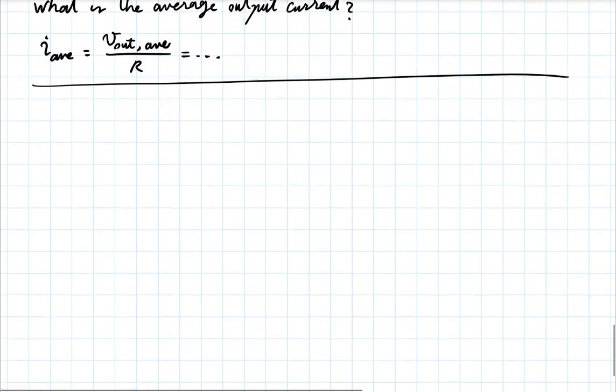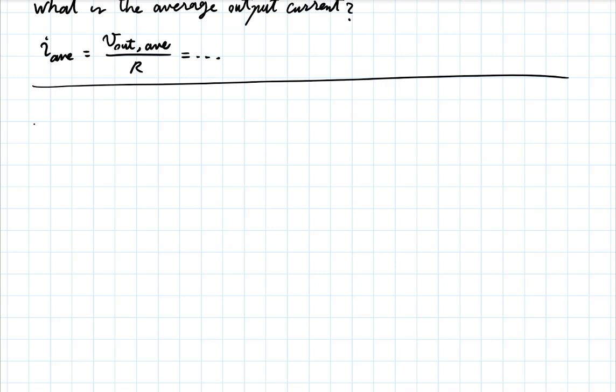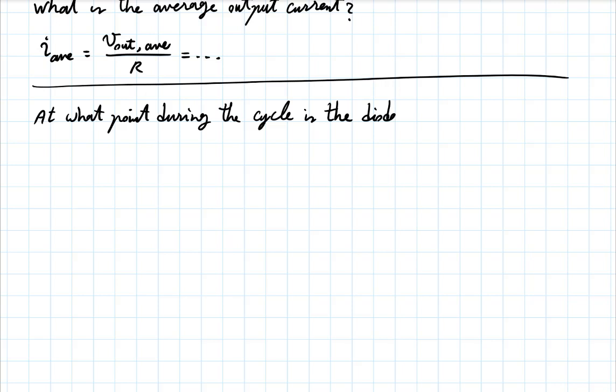So here's another question. At what point during the cycle is the diode current highest?